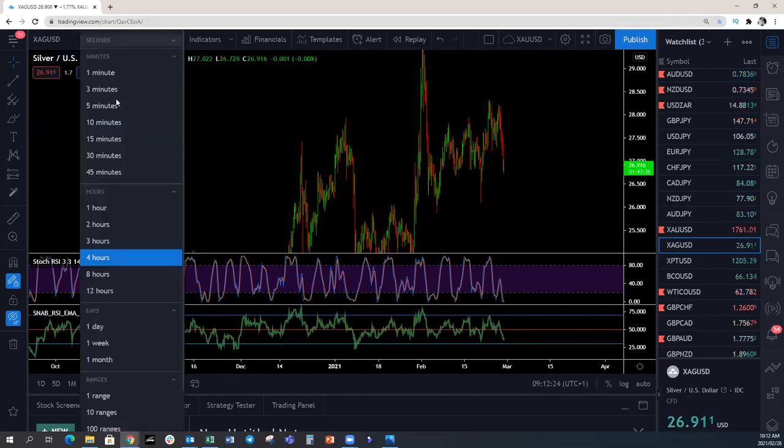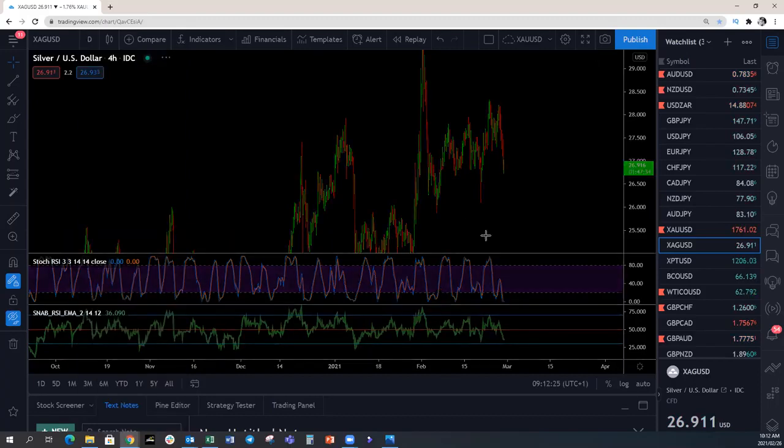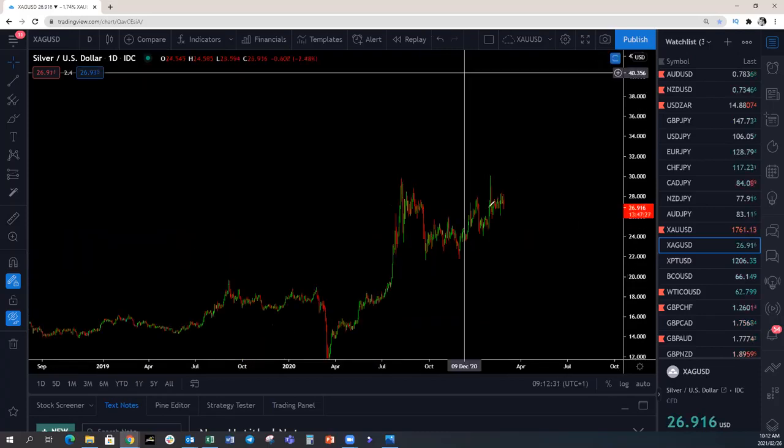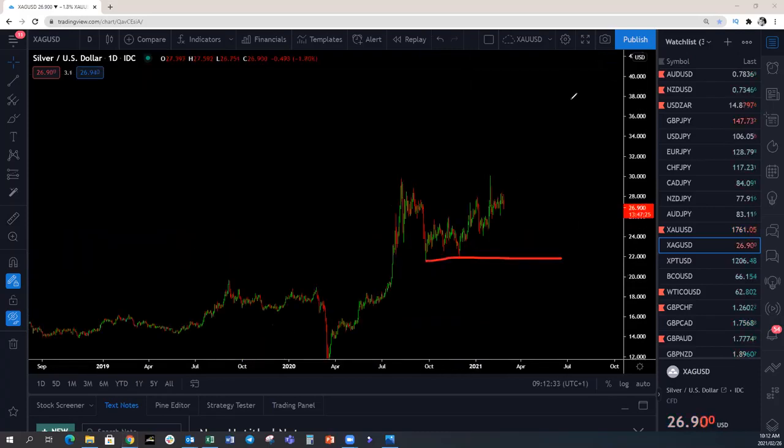Let's look at the daily structure, see how far that silver move can go. So if you look at the structure on silver, we're actually expecting silver to go all the way down back to around the 22 levels. So gold may still also be on a downtrend. So we may still see further downside on gold. 3 waves down, 3 waves up. Can we come down here in an impulse, or can we come down here with 3 waves?